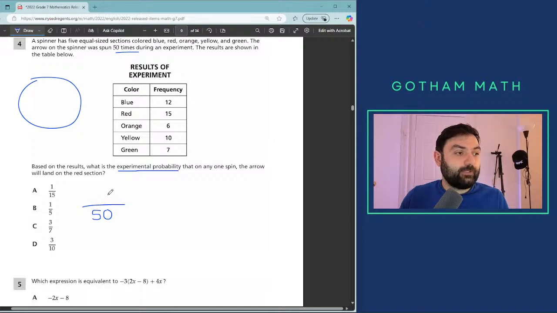The desired outcome is red, so we go and look for red, and it's 15 out of the total of 50 outcomes, which is not shown here. It's an unsimplified fraction that we simplify by dividing by 5, which gives us 3/10. This is it.